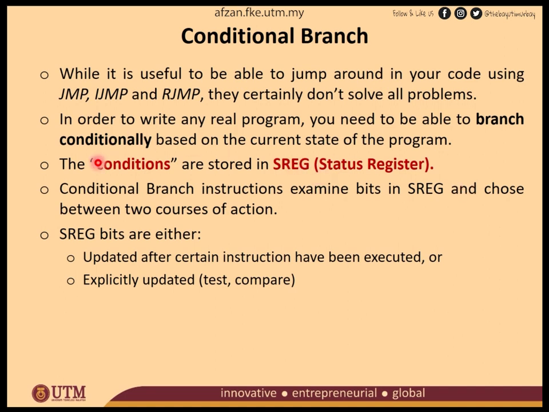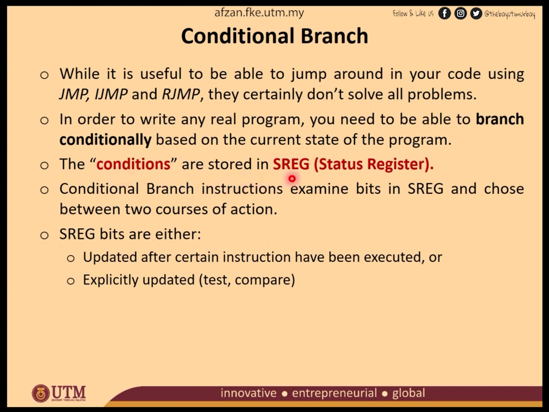In order to write a real program, you need to be able to branch conditionally based on the current state of the program. So another way to do jumping or branching is to use the conditional branch. We do not force the microprocessor to jump without certain conditions being met. The conditions are stored in the status register.